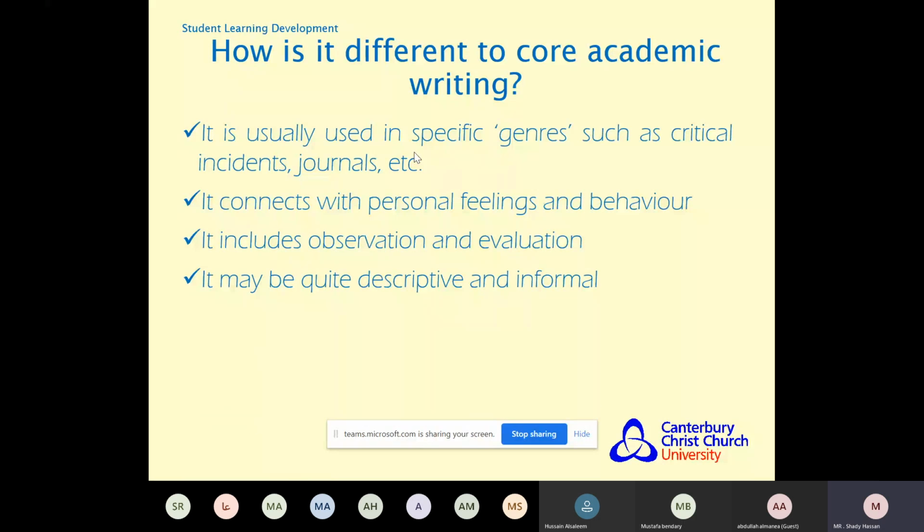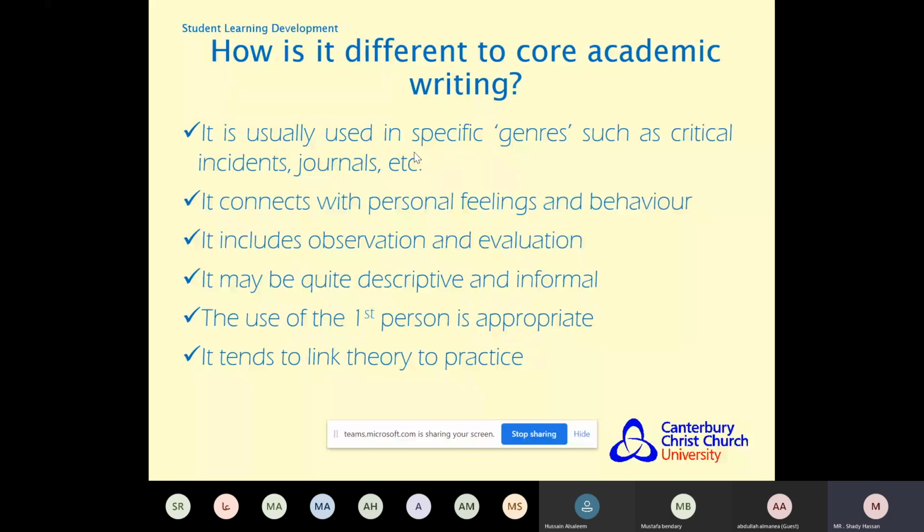It may be quite descriptive and informal. The use of the first person is appropriate. It is to link theory to practice.